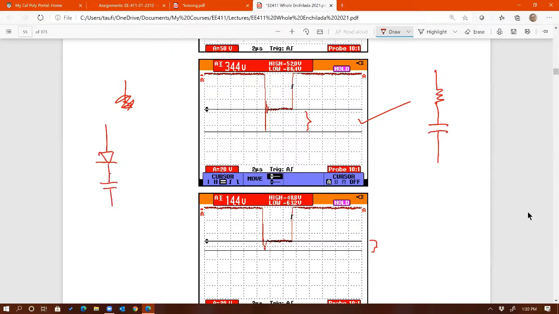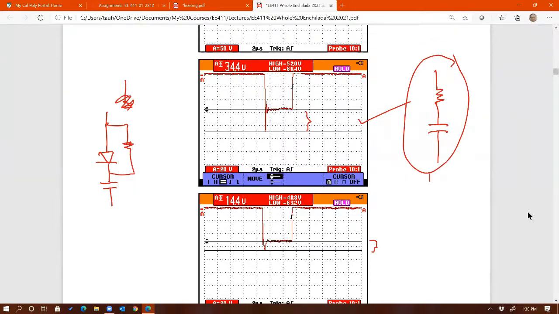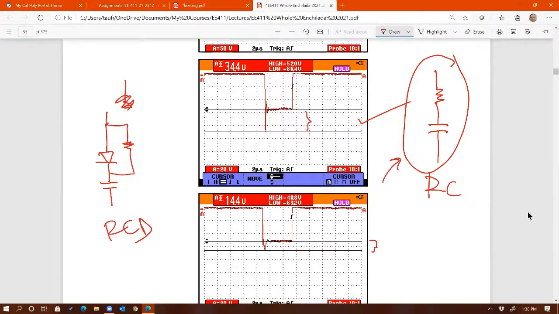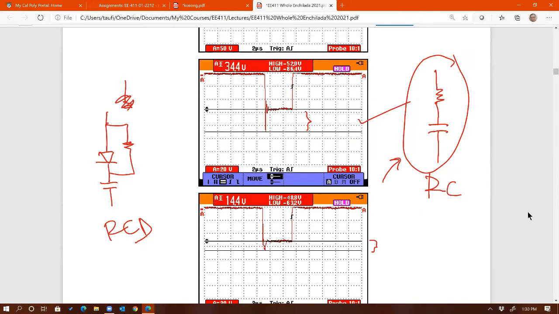Instead of RCD, you also will see RC snubbers right there. So you could do this. Absolutely, you could do that. What's the trade-off of using RC compared to RCD? What is the disadvantage of using RC compared to RCD? Anybody before we adjourn?